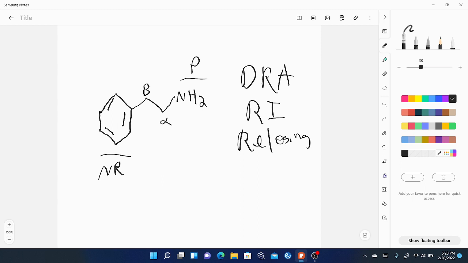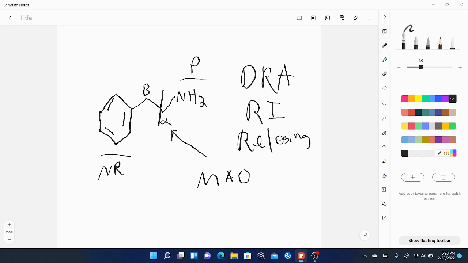The problem with phenylethylamine is that it is rapidly deactivated by phase 1 and phase 2 metabolism in the liver and also in the brain. The main one that you have to worry about is monoamine oxidase. Monoamine oxidase goes and cleaves the amine, makes them both inert.